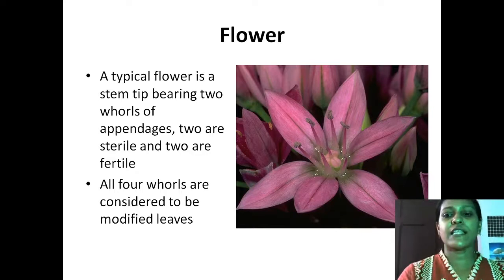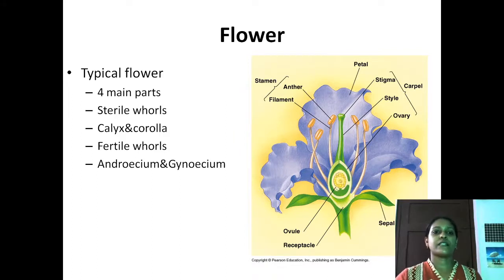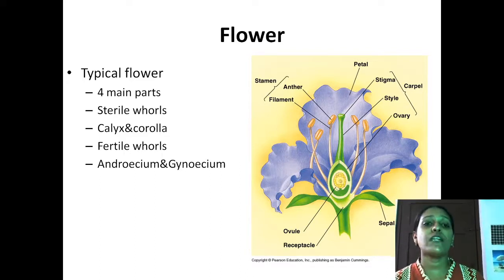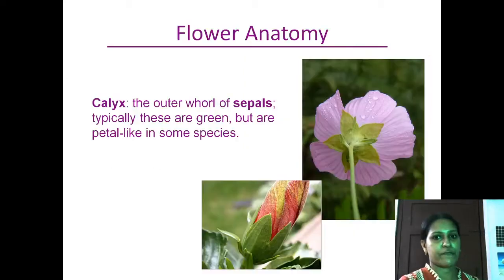The two sterile are the calyx and corolla. And what about the fertile whorls? That is the gynoecium and the androecium. So calyx and corolla are the sterile whorls, and the fertile whorls are androecium and gynoecium.